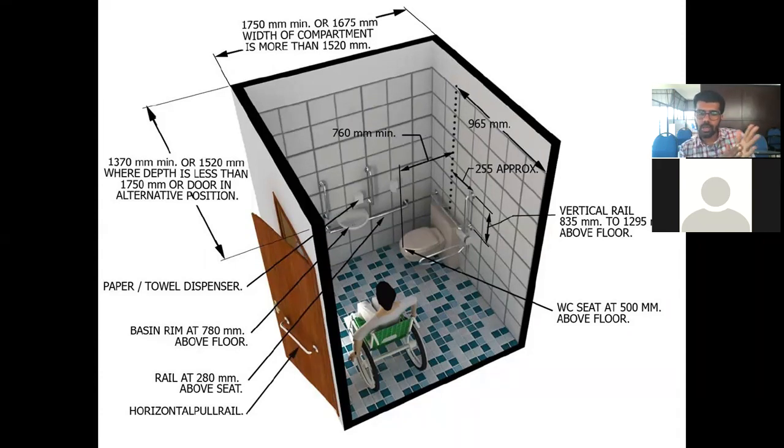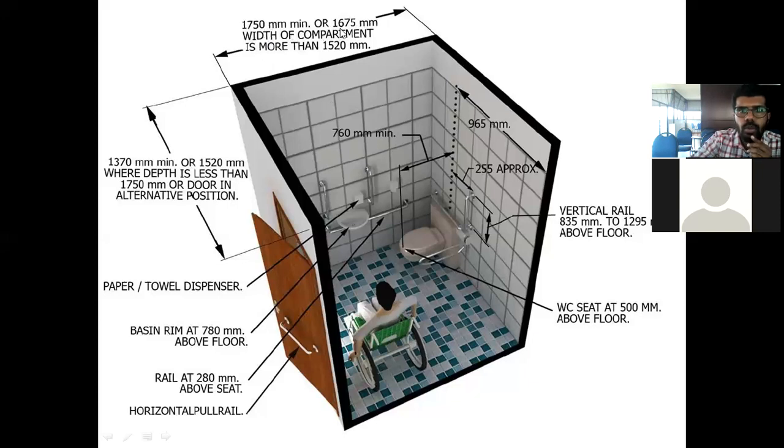Disabled toilets are provided when you are dealing with auditoriums or hospitals. When you give disabled toilets, the height where you give the water supply and drainage changes because there are differences from the usual toilet. Some of the dimensions have been marked here.